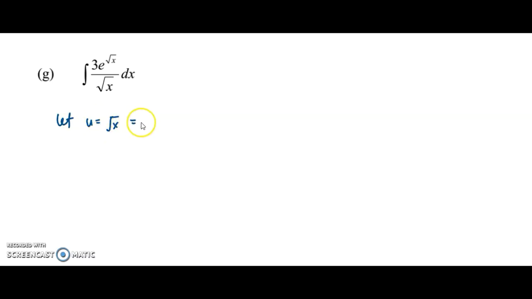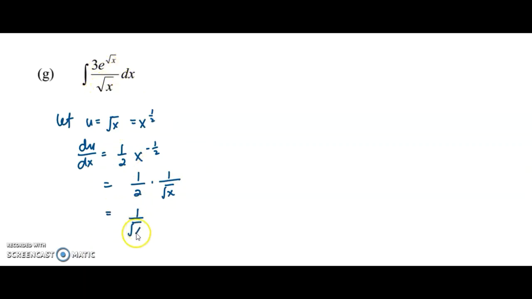Why do we do this? Later on you will see I get my du/dx as 1 over 2 times x to the power of negative 1 over 2. If I simplify, I will have 1 over square root of x. So very obviously we can see 1 over square root of x over here.